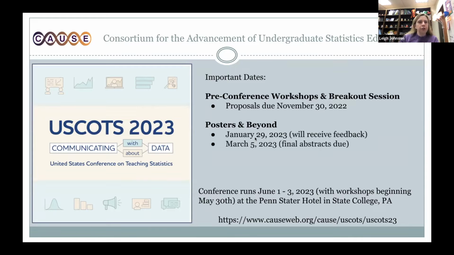The final version of the abstract is then due March 5th. Those of you who are not familiar with the system, the committee will give feedback to any abstract that is submitted before January 29th. We'll still consider abstracts. I'm sorry, I'm on the committee, so I know a little bit about this. We will consider abstracts that are submitted between January 29th and March 5th as well. We just don't give feedback on them.